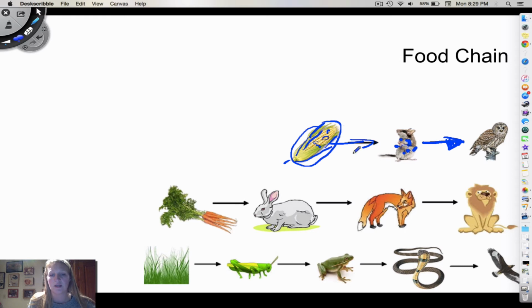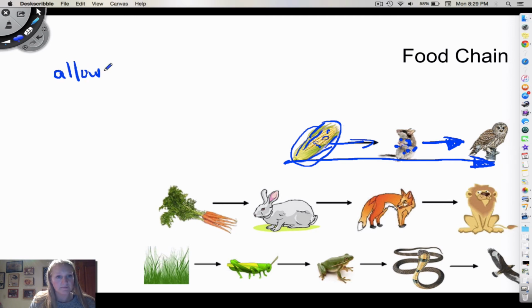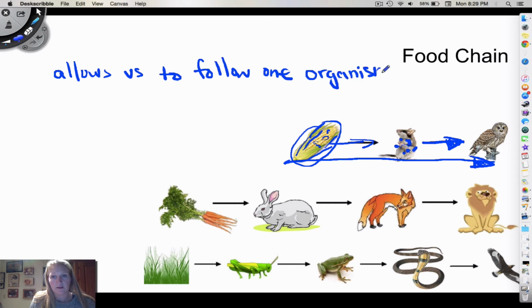So this is called a food chain. And a food chain is really paying attention to just one set of relationships between these three things. But as we know, let me just define a food chain. It allows us to follow one organism's effects on another, let's say.